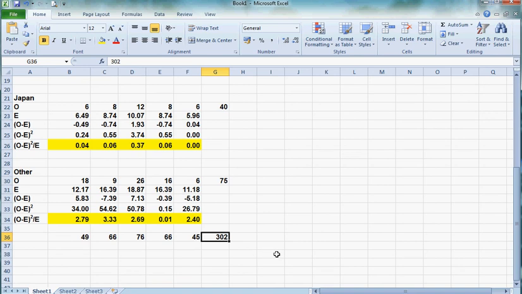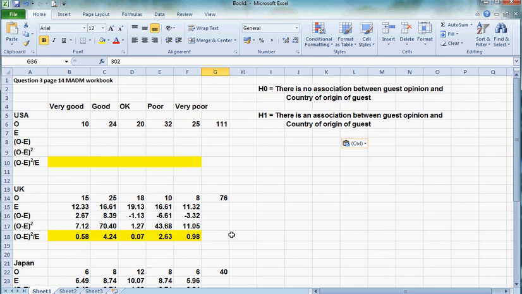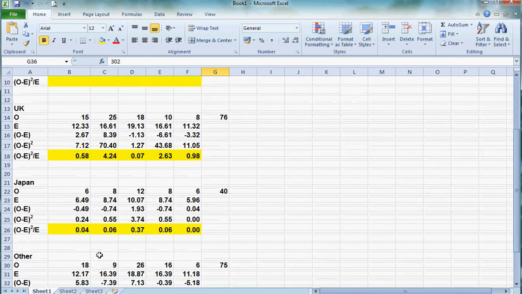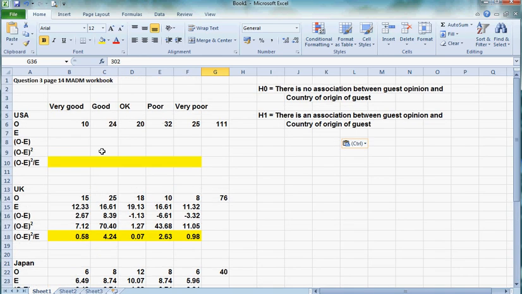Now you start working on the individual calculations. As you can see, I've only got the USA blank. I've already calculated the UK, Japan and other, because what you do for the USA is very repetitive, and you do exactly the same calculations for the others. The first one we calculate is the expected value.